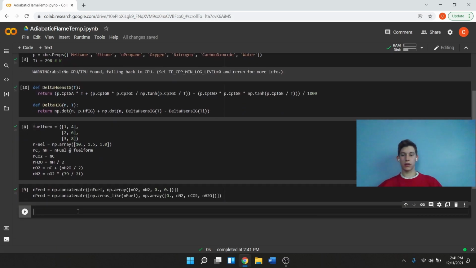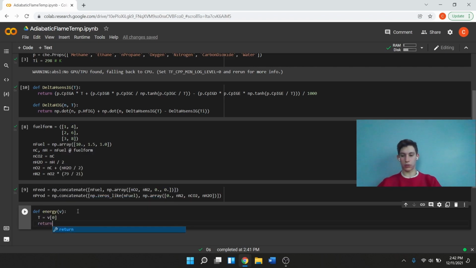Okay, so finally we can make one last function. I'll just call it energy with a vector parameter. The temperature will be the only parameter that we need, and we want this to return an equation equal to 0, because this is the equation that we're going to put into the root solver.